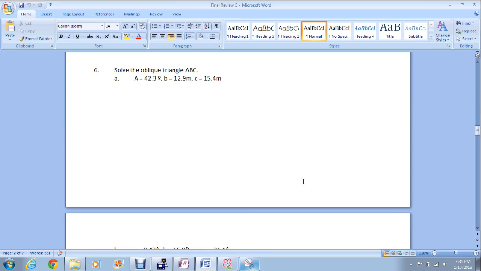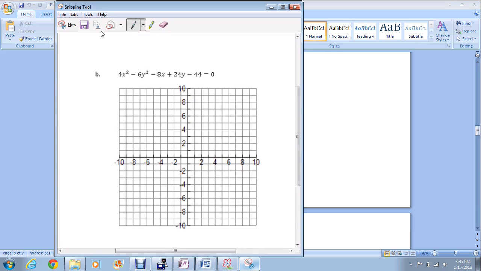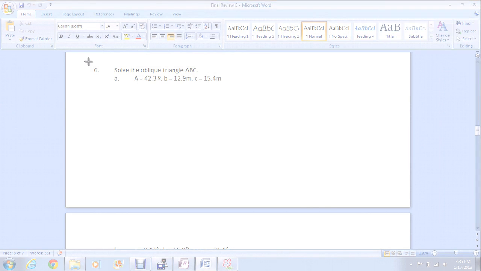Number 6 asks us to solve the oblique triangle ABC. So go ahead and start drawing your triangle as I put this in the right program here.